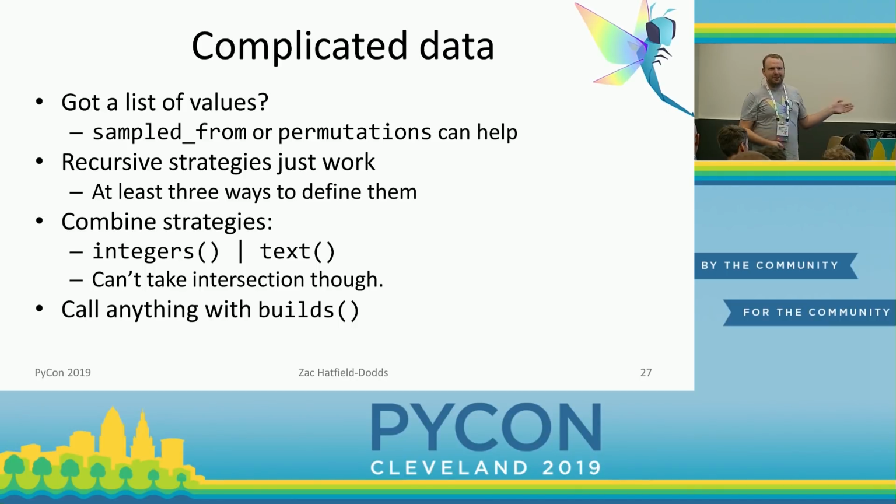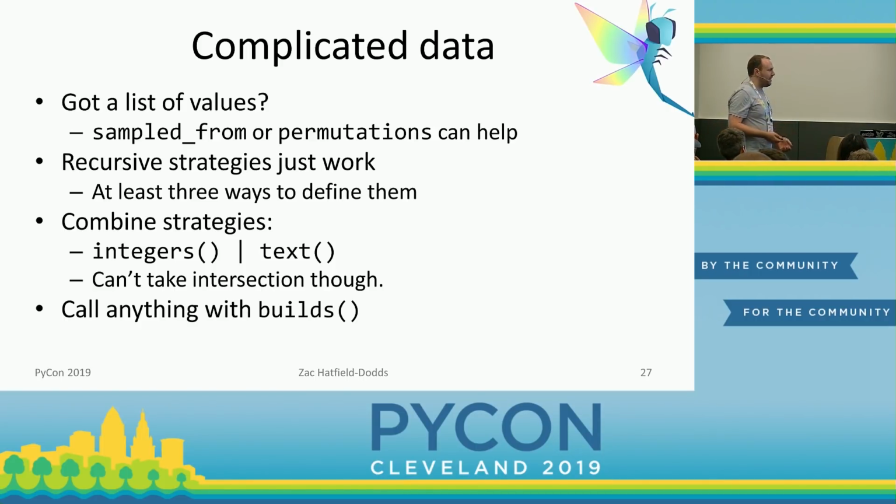Hypothesis can just generate recursive stuff. It just works. If you have different strategies, say you want an integer or a string, you can just put the pipe between them for the OR operation in Python, and you'll get a strategy which can generate either of those things. Or you can pass a sequence of them to the one of strategy, which gives you one of the things you passed it.